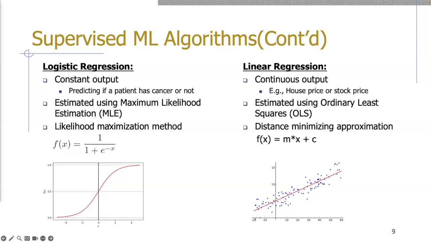So linear regression, which we will see shortly, gives you continuous output, like house prices and stock prices, and logistic regression gives you a categorical output, like a class, as in binary classification.